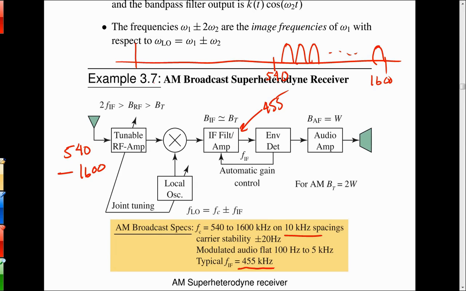And we're saying in our receiver, we're going to put our common IF frequency right down here at 455. So that's a bandpass filter that's sitting right in there, that bandpass filter right there.